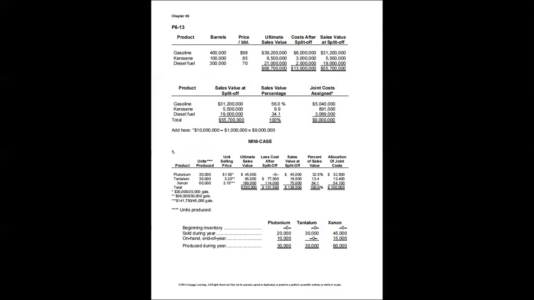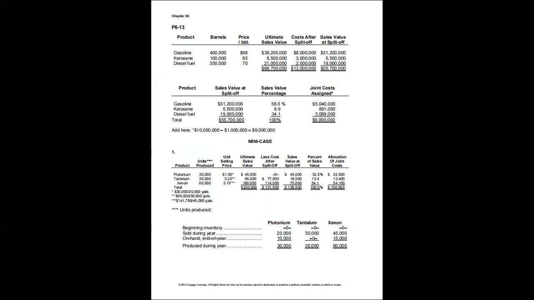So we have now 6-13. We have the gasoline, kerosene, and diesel oil. The barrels, 400,000, 100,000, and 300,000. And we have now the price per barrel of 98, 85, and 70. So the ultimate sales value 39,200,000, 8,500,000, and 21 million.